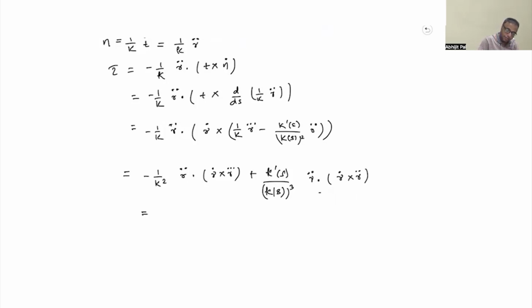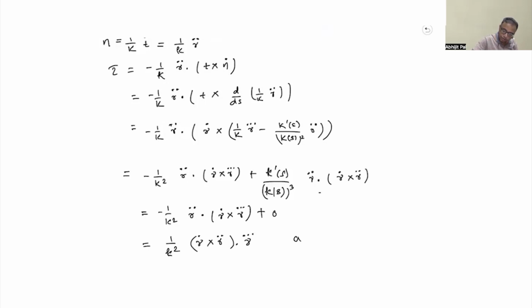So this is minus 1 by k square gamma double dot product with gamma dot vector product with gamma triple dot, plus 0. Again, this you can write as follows: it is 1 by k square gamma dot vector product with gamma double dot product with gamma triple dot.